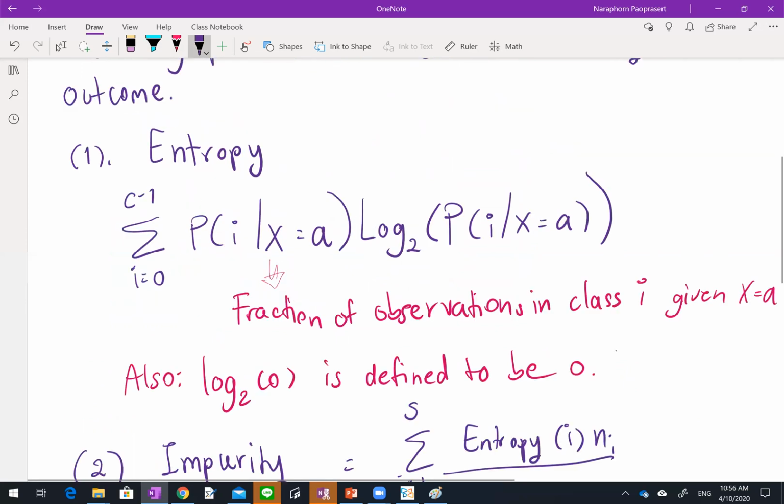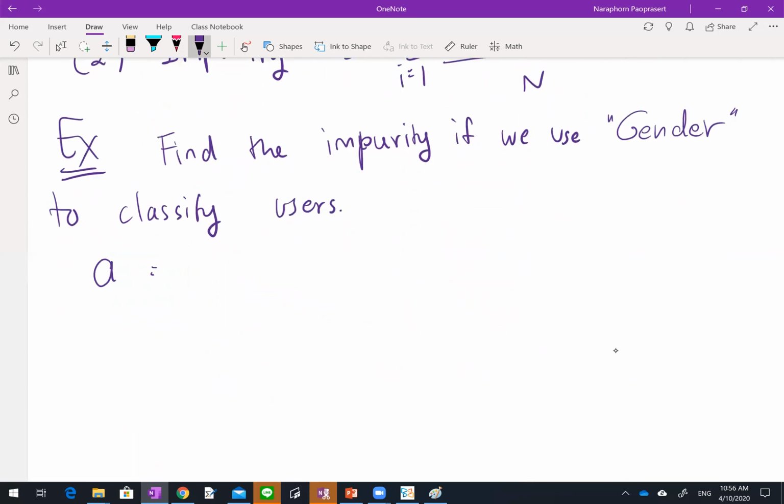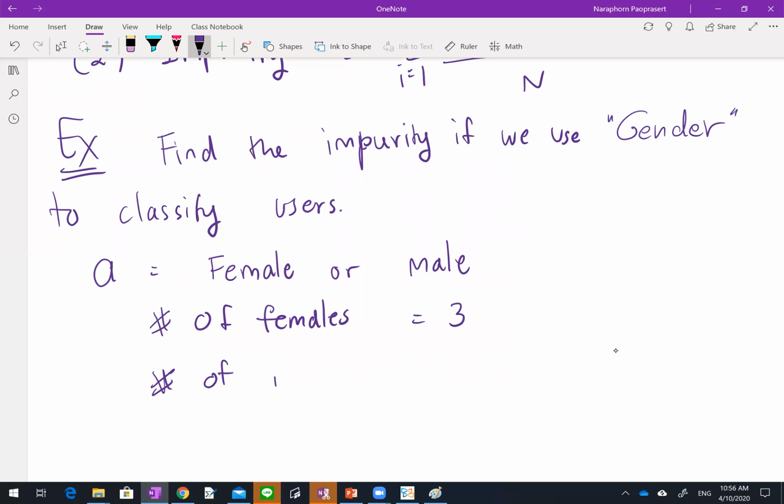In the formula here, the first a is going to be defined as female or male, with the number of females equal to 3 and the number of males equal to 7.